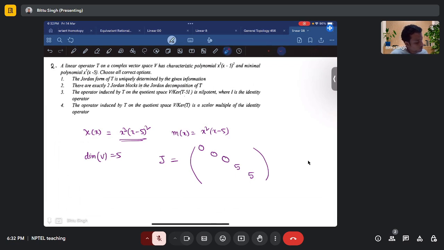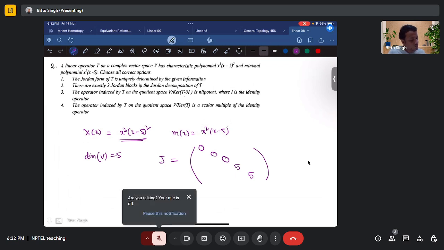Now from the minimal polynomial, it is clear that x minus 5 has degree 1. So the Jordan blocks corresponding to 5 will be only 1 by 1. The largest size of Jordan blocks for 5 is 1, right?